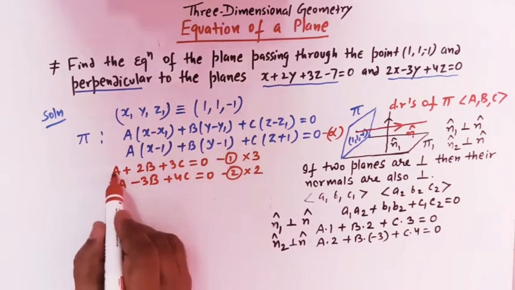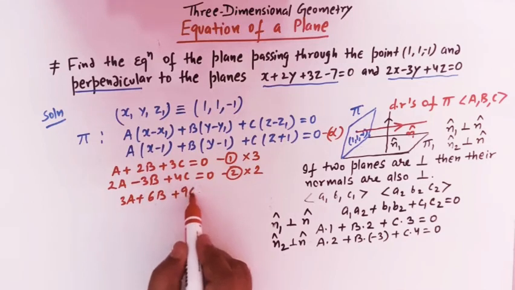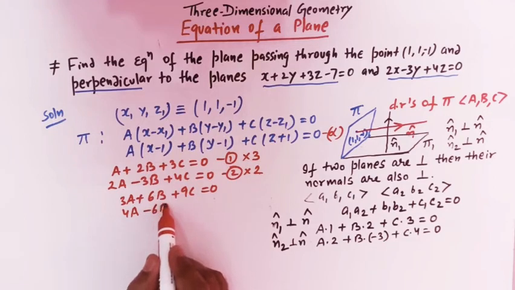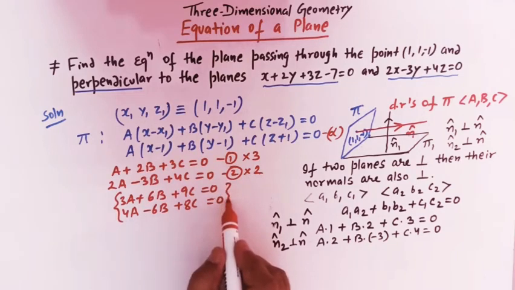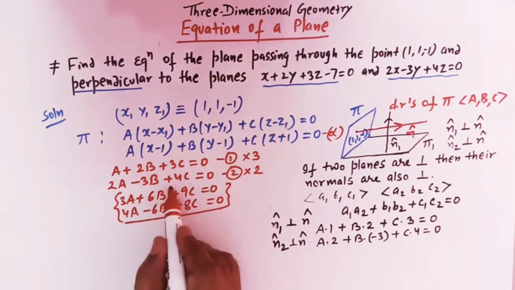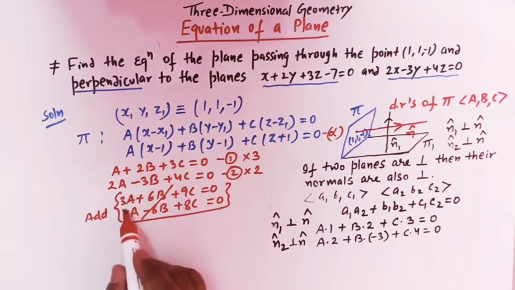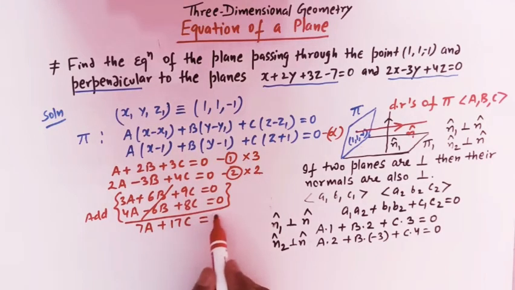So what we will get, we will have 3a plus 6b plus 9c is equal to 0, and here we'll have 4a minus 6b plus 8c is equal to 0, right? Now we'll add both these equations, and we find that we have 4 plus 3, 7a plus 17c is equal to 0, right? Now 7a is equal to minus 17c, right?